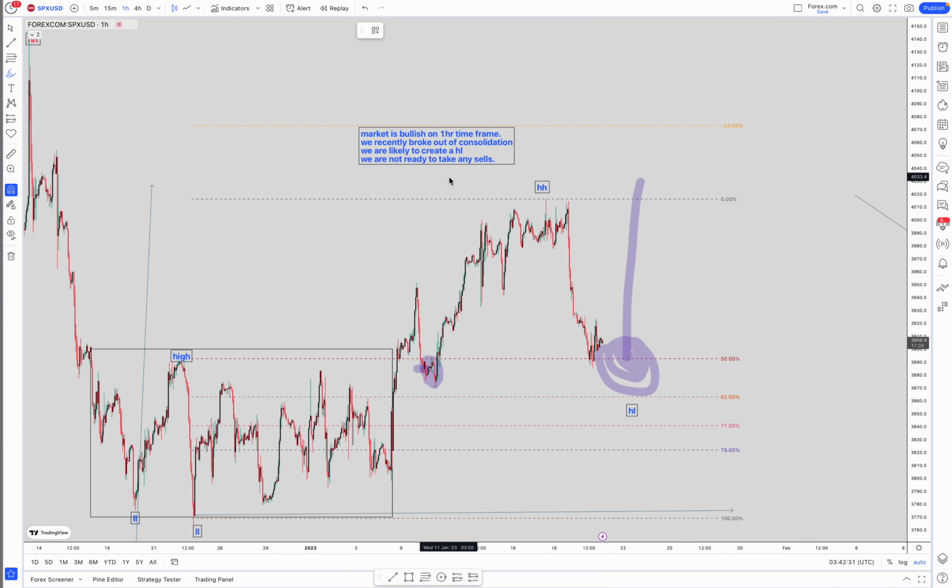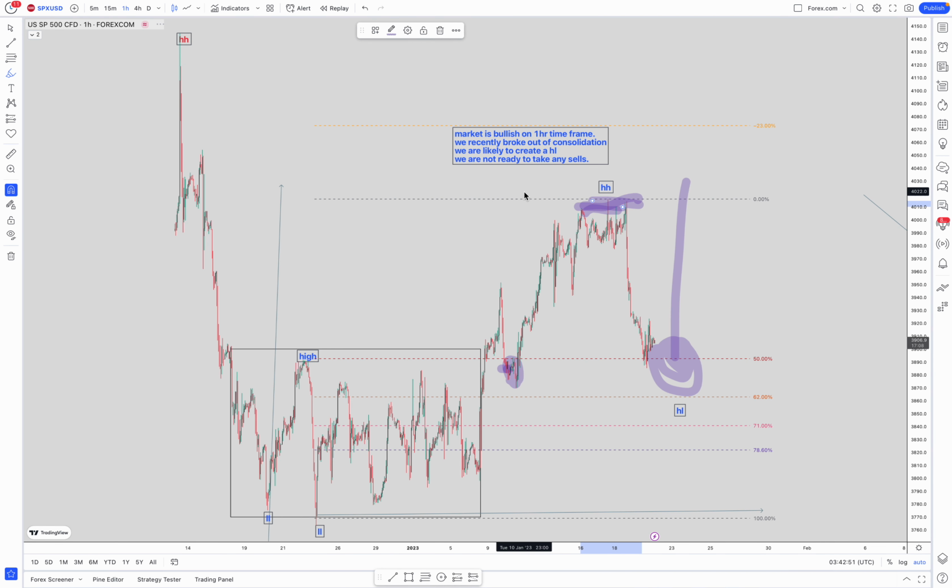The risk is opportunity takers will be selling around this level. The riskiest: I'm expecting the market to create a lower high around this level, following this high, create a lower high here, basically switch structure and start becoming bearish.